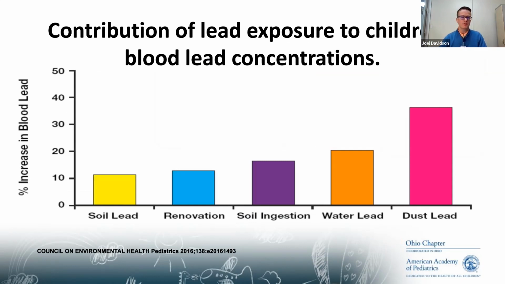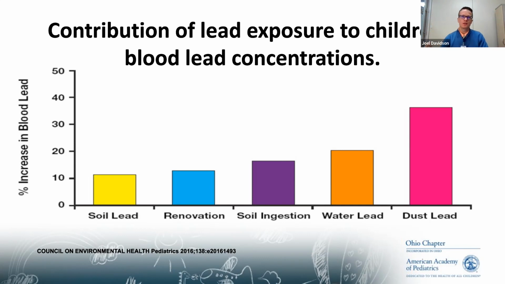Think about that warm day when the sun is shining into your window and you can see the dust particles floating around. Lead can be a part of that. And the lead dust really is coming from areas of friction. So when that window is getting opened and closed, opened and closed multiple times, or the same with a door, that kicks that dust up into the environment.